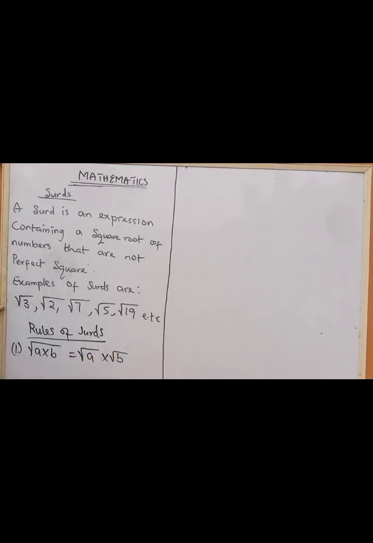You can separate root a times b as root a multiplied by root b. But can we have root of a plus b as root a plus root b? Will this be possible for addition? It is no. That is, root of a plus b is not equal to root a plus root b.